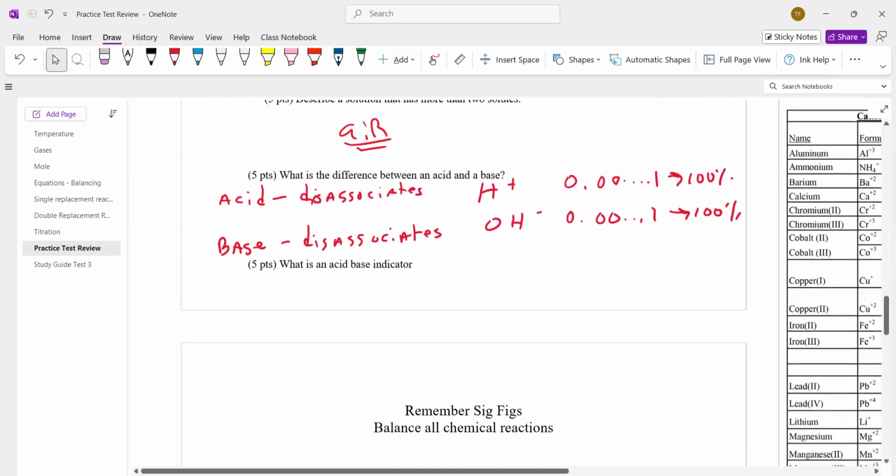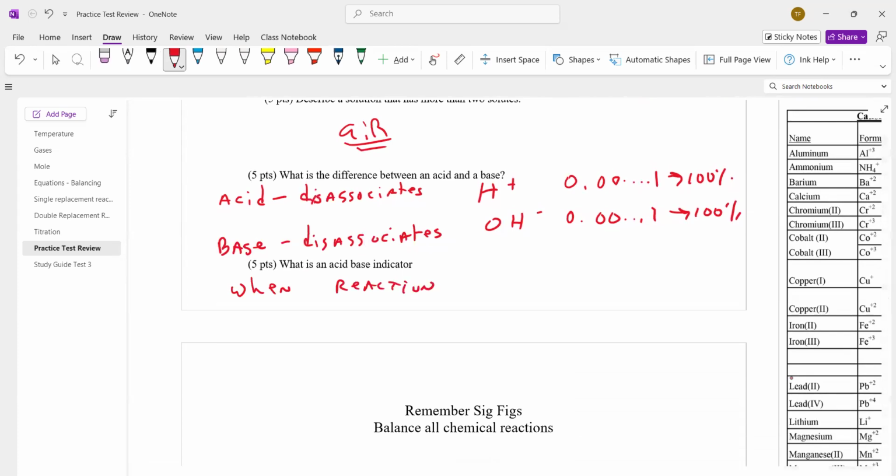Okay, what's an acid-base indicator? What did we just talk about? That's when the reaction is where the acid equals base. And that's a neutralization reaction.